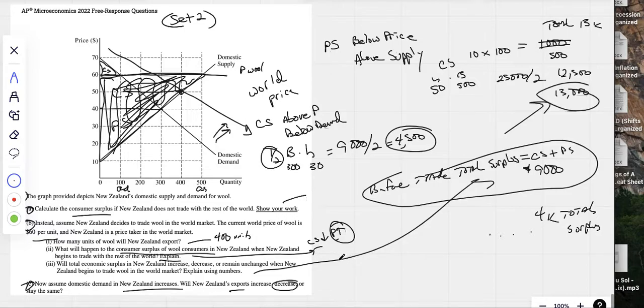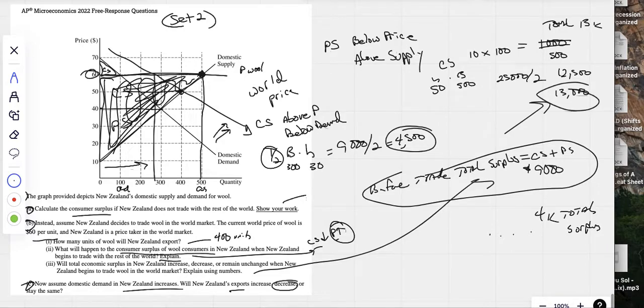Am I happy with that explanation? Let me think about that for just a second. My demand has increased, and if demand increases, the supply's not changed, even if the price is still $60. That's all that's going to be produced when that price is $60. What we see is our consumers have bought more of this good.